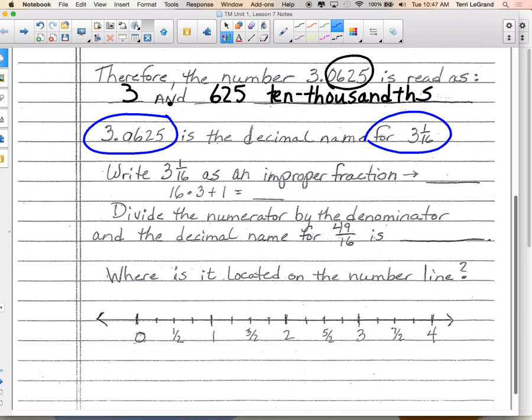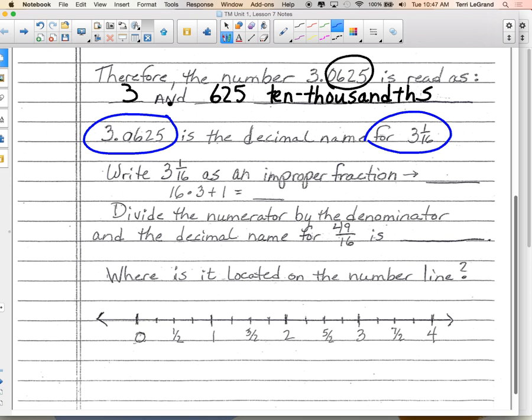Okay. Well, how are we going to prove that they really are the same value, they're at the same location on the number line? Well, first of all, we're going to take that 3 and 1/16 and write it as an improper fraction. Remember how to change a mixed number to an improper fraction? Take the denominator times the whole number and then add the numerator.